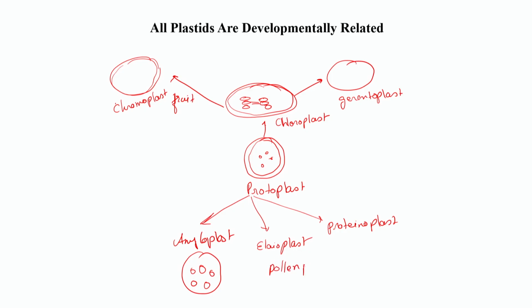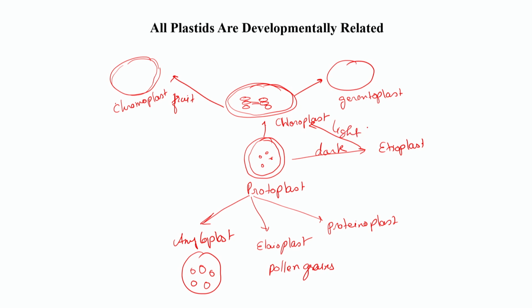And if it is exposed to darkness, this proplastid will be converted into etioplast, and if light is given to etioplast, then it will be converted into chloroplast.